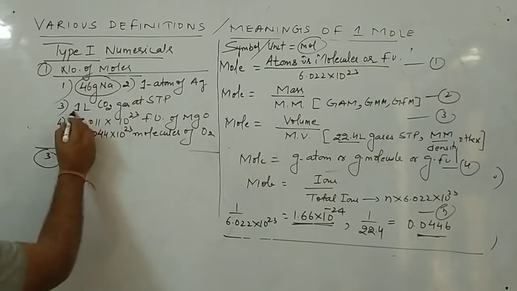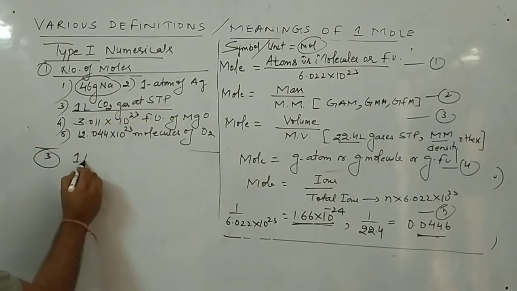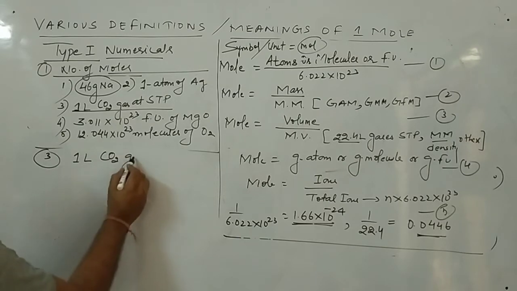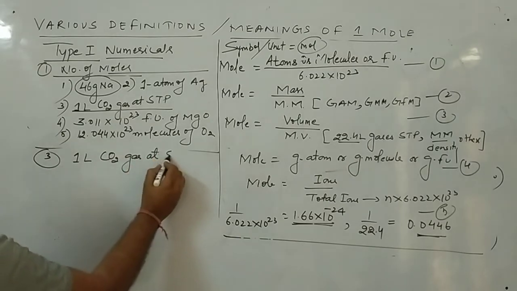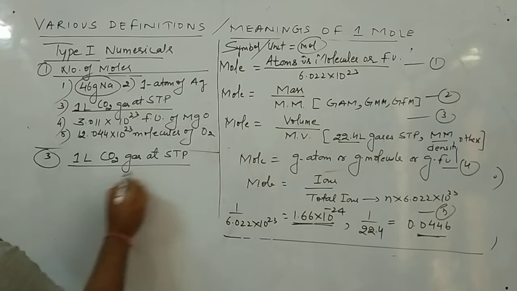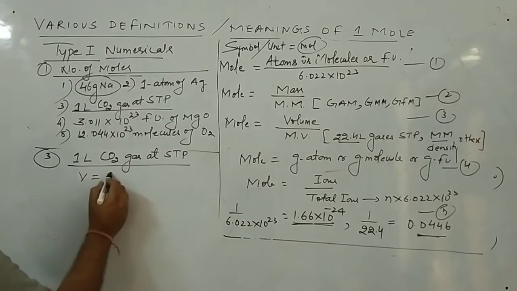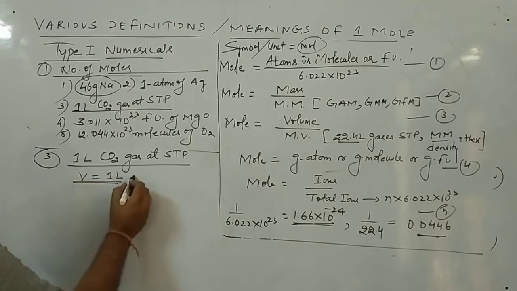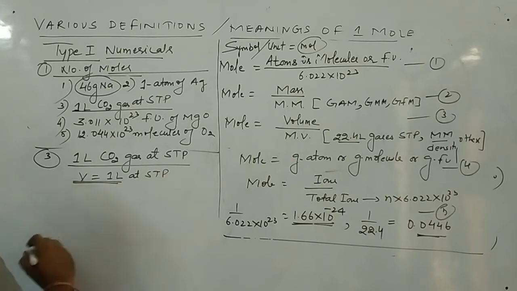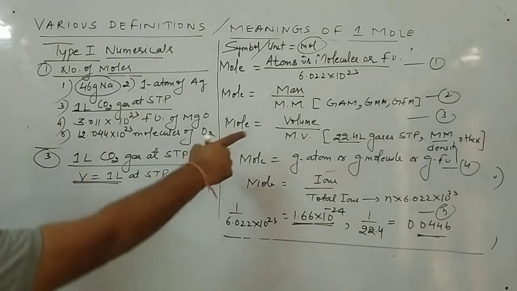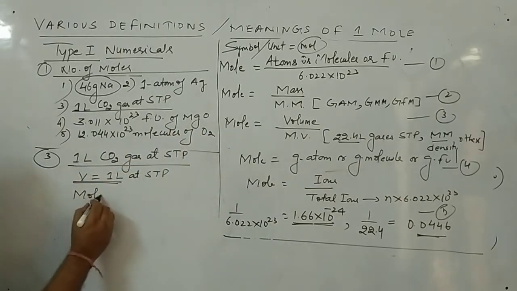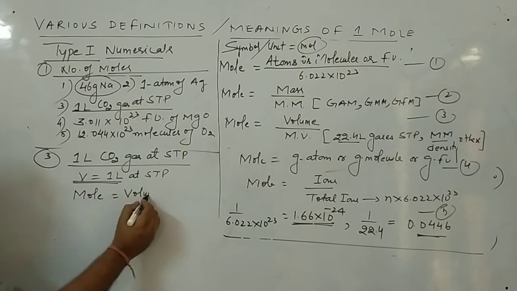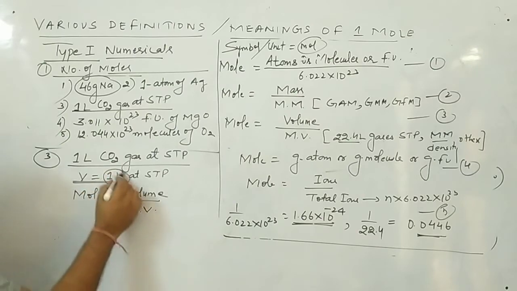Third part is 1 liter CO2 gas at STP. So what is given to you beta? Volume is given to you, that is 1 liter at STP. So for volume, the mole is equal to formula number 3, volume upon molar volume. Remember beta, volume is 1.